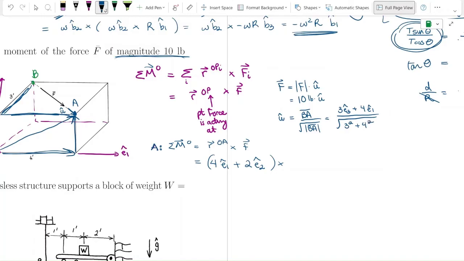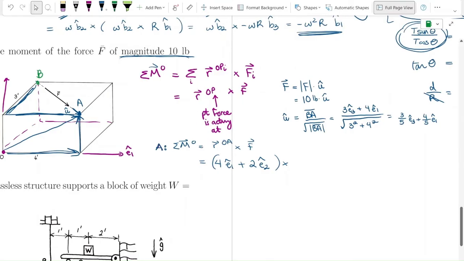You add all the components up in quadrature, so you square them, add them together, and then take the square root. Based on the 3, 4, 5 right triangle, that gives you 5. So we get 3/5 e3 hat plus 4/5 e1 hat.